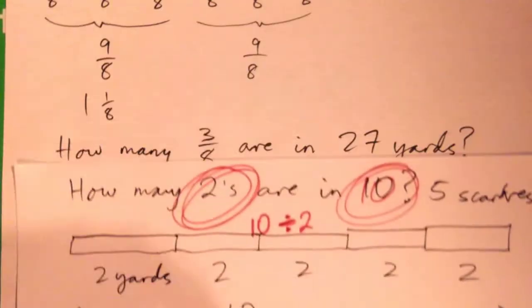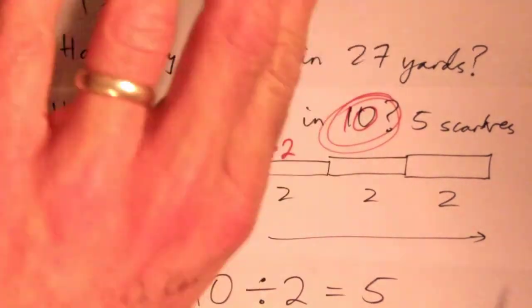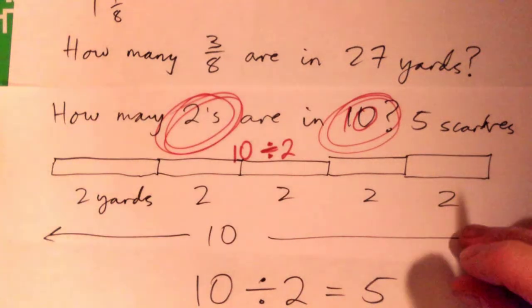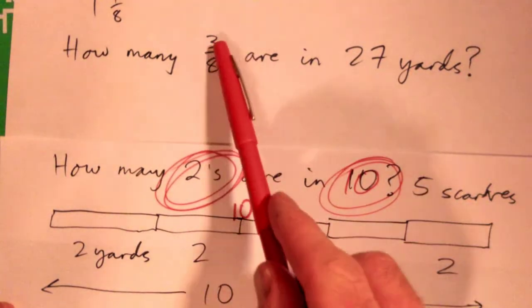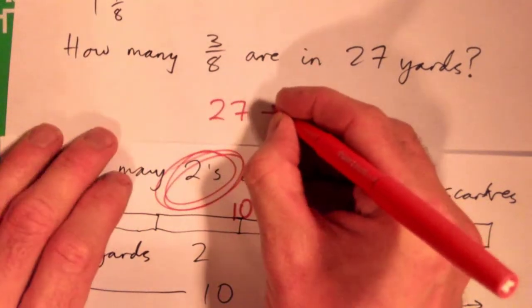So now, it's changed, different numbers, but the same problem. What do I do? What divided by what? That's 3/8. 27 divided by 3/8.